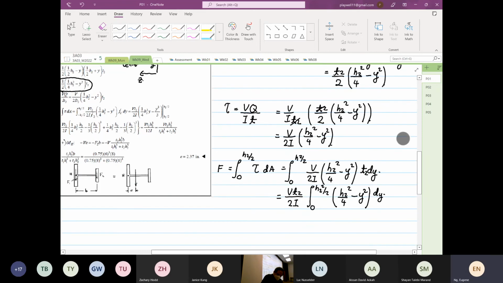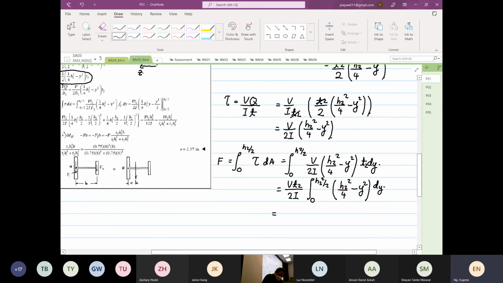Okay, so very simple integration over here. So you get h2 squared y over 4 minus y cubed over 3, from 0 to h2 over 2.